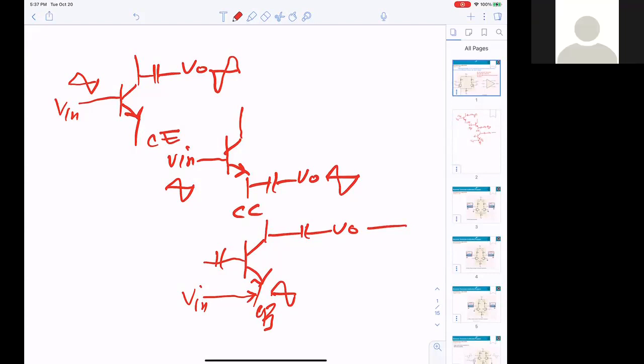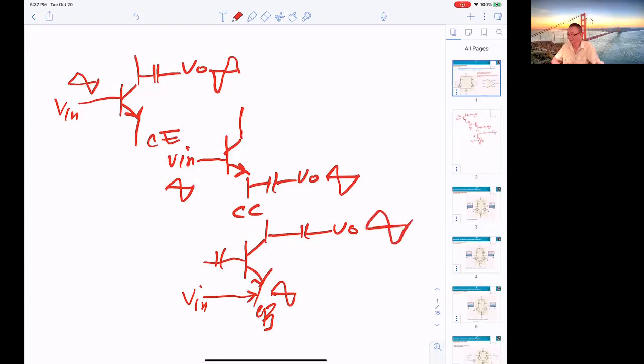In phase. Good. Perfect. Input positive, output positive. Input negative, output negative. That's the only thing I want to try at this time.